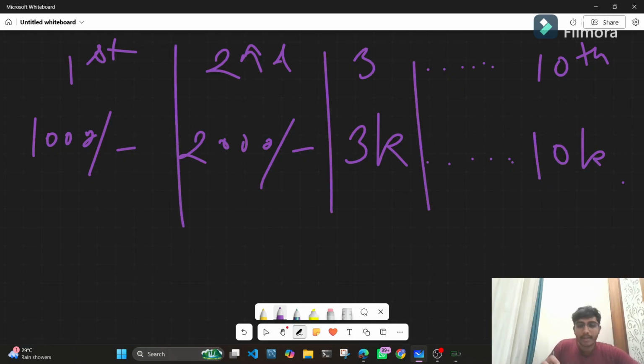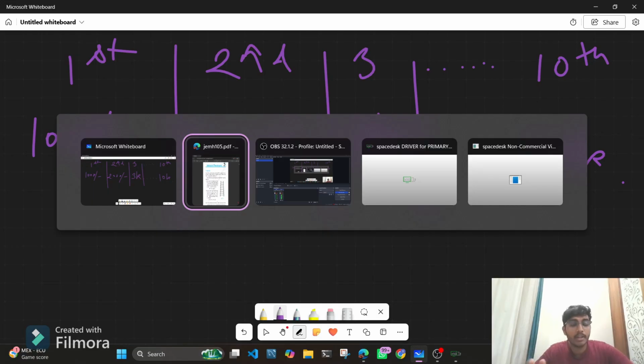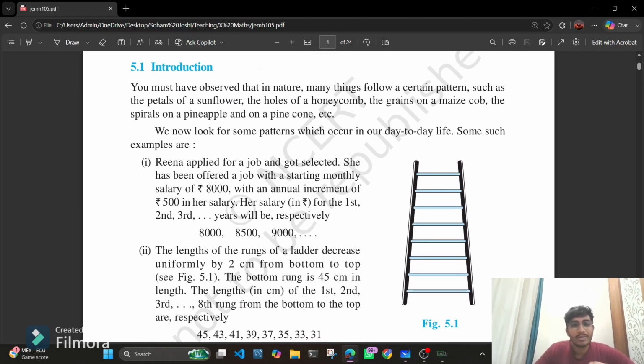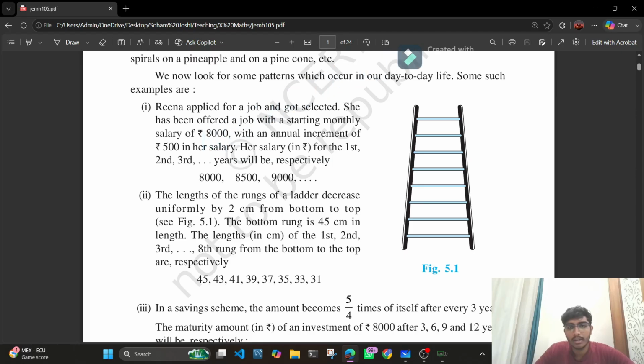So we can say that there is a pattern, there is some sort of connection between the previous number and the next number. These types of patterns can be noticed in our day-to-day life, as you can see in the textbook also.